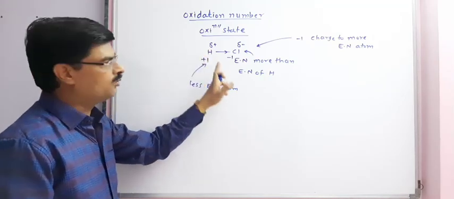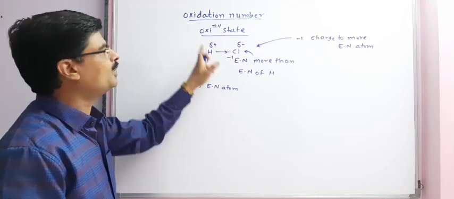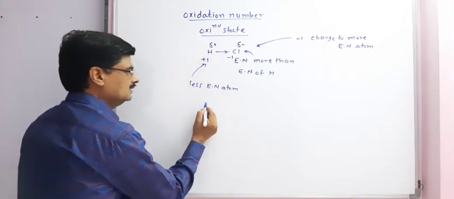From this, what can be the definition of oxidation number?